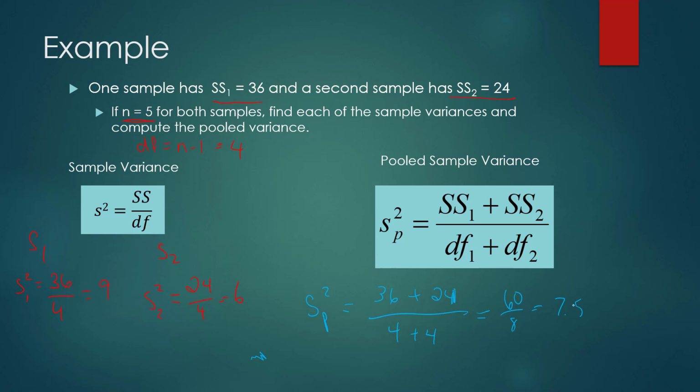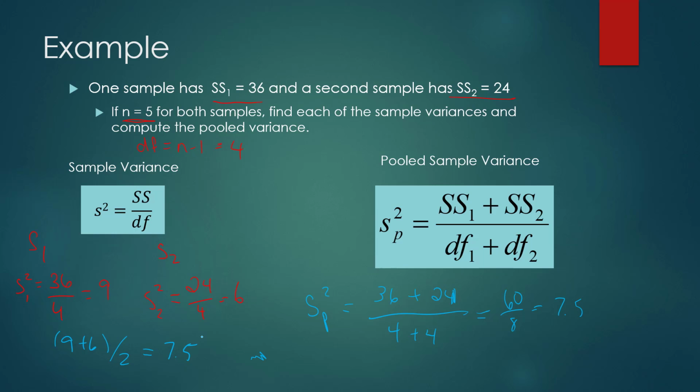Which is right in the middle of the two. If you notice, if we were to add up 9 plus 6 and divide that by 2, we're also going to get 7.5.